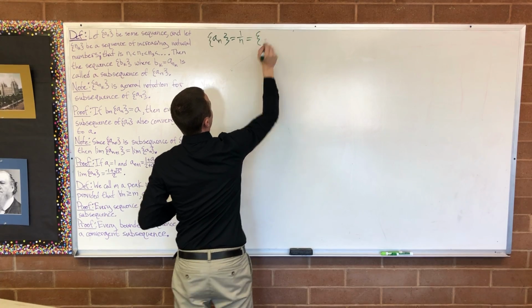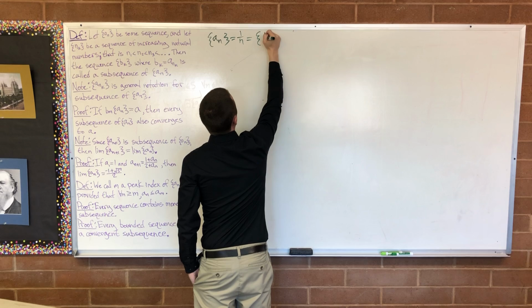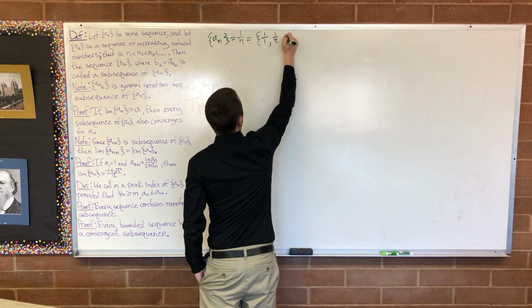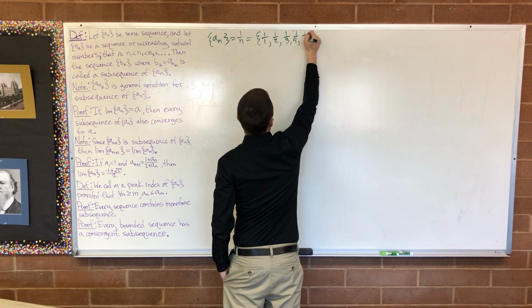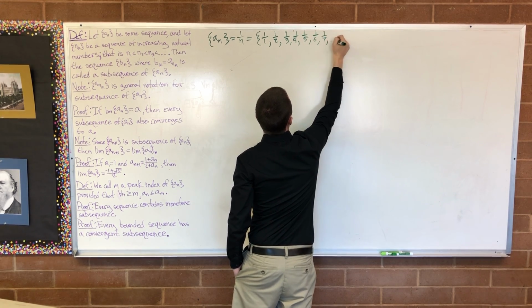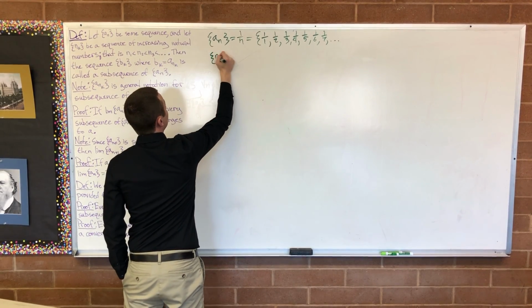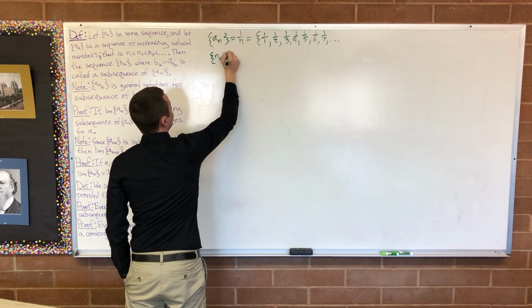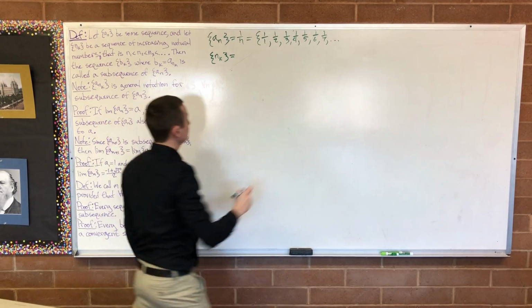All right, so what's the first term in the sequence? 1. 1 over 1, then we have 1 over 2, then 1 over 3, then 1 over 4, etc., right? And we can keep going. Okay, n_k is just a sequence of increasing natural numbers.